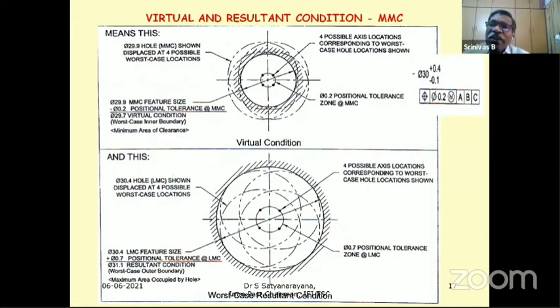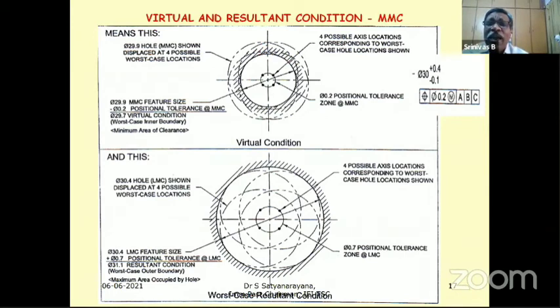First, we need to see what control this is, what geometrical control is there and what the size modifier is. Here you see the size modifier is MMC. Are you seeing, sir? This is MMC. Now, I would ask you questions. What is the MMC of this hole? Who would answer? Quick.